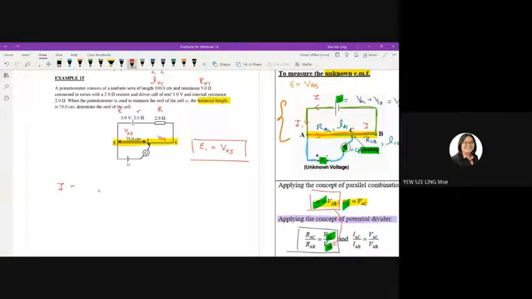I equals Vxj over Rxj, and that is equal to Vxy over Rxy, all right?